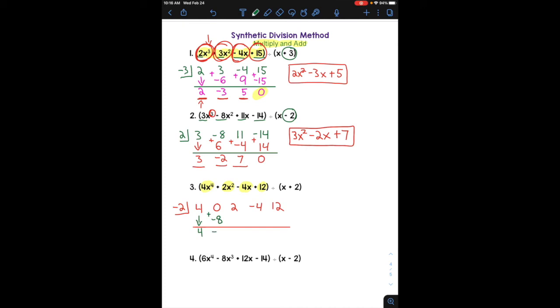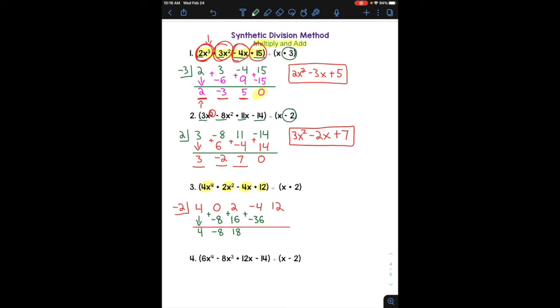Add straight down, we get negative 8. Multiply diagonally, negative 2 times negative 8 is positive 16. Record it in the next column and add straight down to get 18. Multiply diagonally, negative 2 times 18 is negative 36.